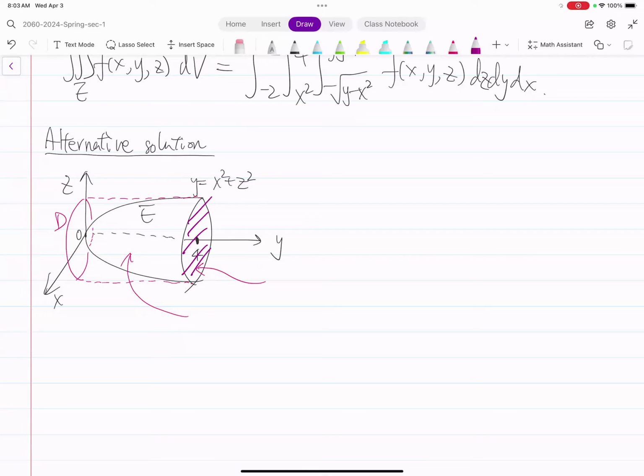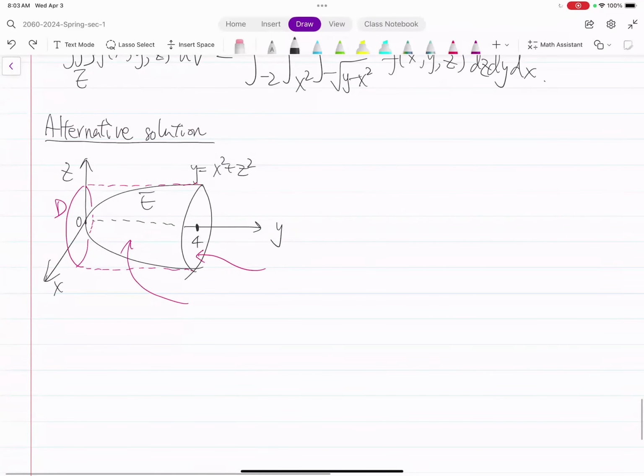So that's actually y equals x squared plus z squared, and at the same time y must equal 4, right? So the boundary of this cross section, the black circle, is actually the intersection of your paraboloid and the plane on the right.